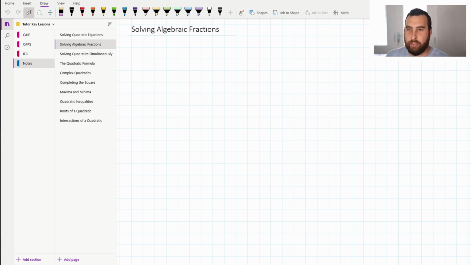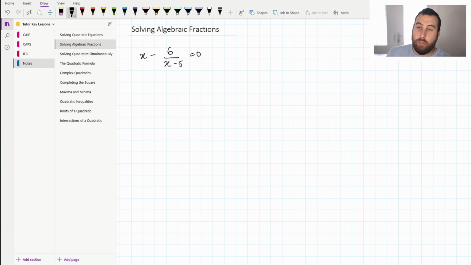My first example is (x minus 6) over (x minus 5) equals 0. We can see it's a fraction because we have an algebraic fraction term. We need to try and get rid of fractions. I tell my students all the time, not a fan of fractions, because they give a lot of extra complexity that isn't needed when you're trying to solve equations.